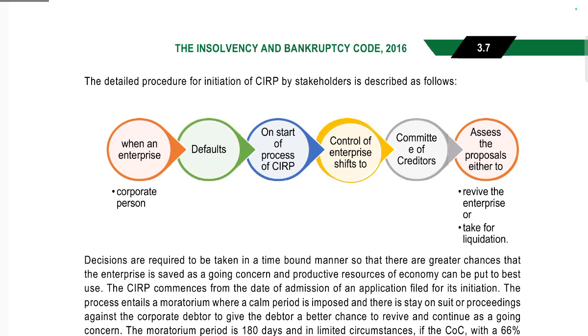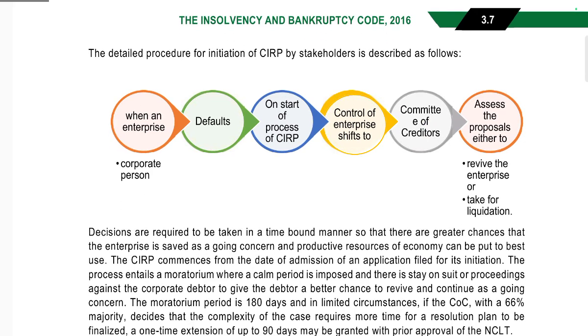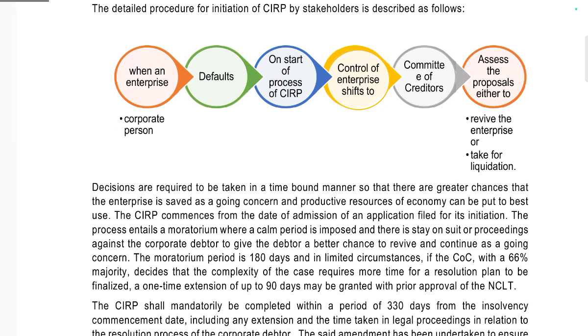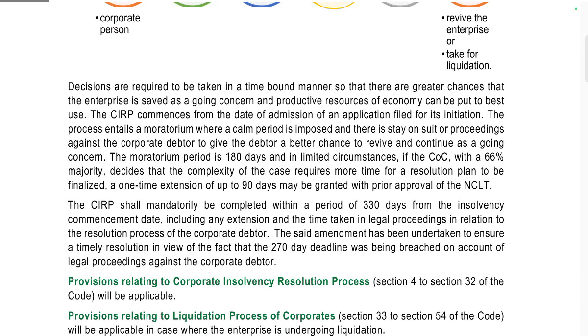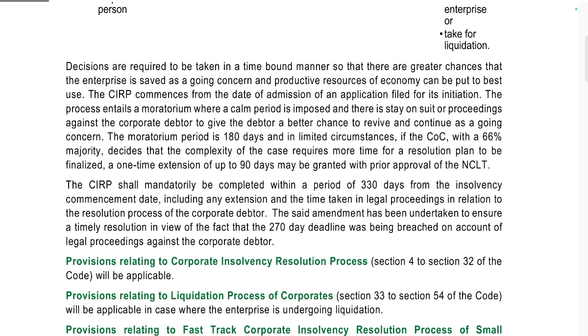When a corporate person defaults, at the start of the CIRP control of the enterprise shifts to the committee of creditors, who assess the proposals and decide to revive the enterprise or take it to liquidation. Decisions are required to be taken in a time-bound manner so that there is a greater chance of saving the enterprise as a going concern, and the productive resources of the company can be put to the best use in the economy.